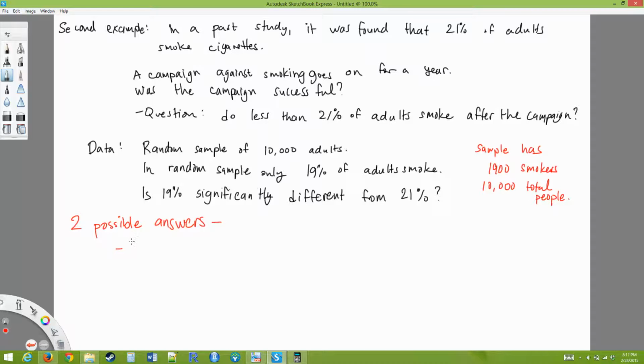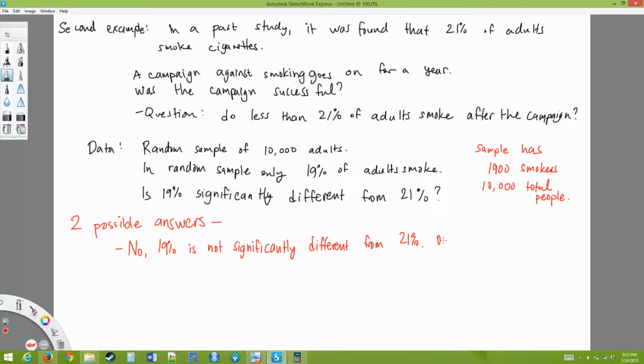One possible answer is no. 19% is not significantly different from 21%.